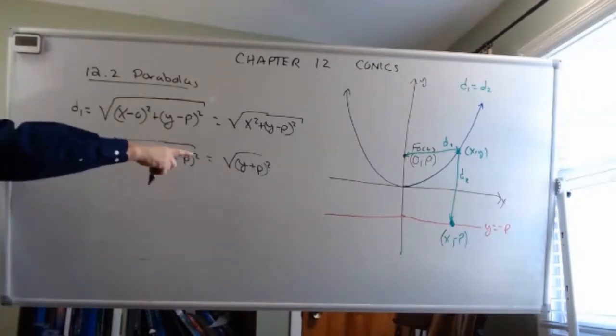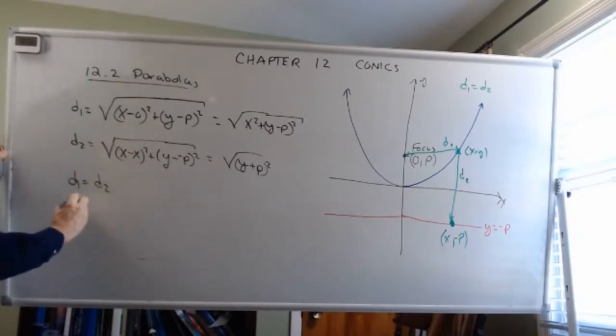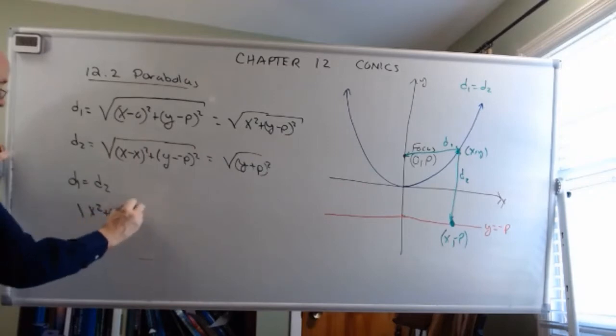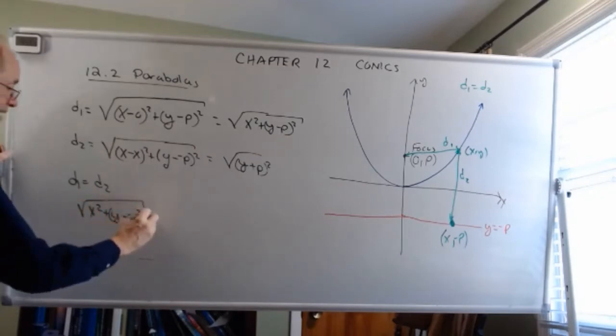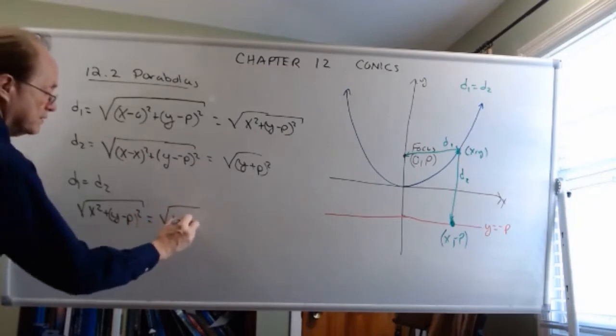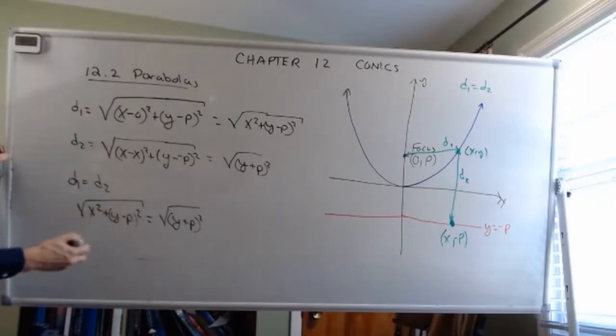So if I turn around and set d1 equal to d2, then I'm looking at the square root of x squared plus y minus p quantity squared is equal to the square root of y plus p quantity squared. And then I'm going to square both sides.